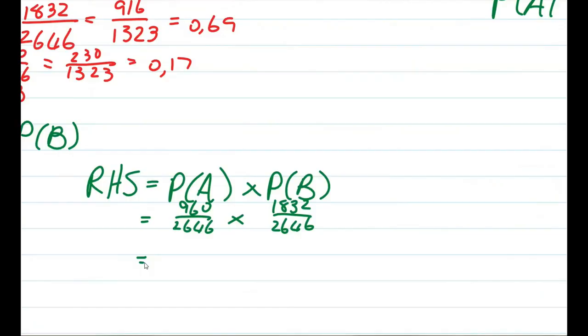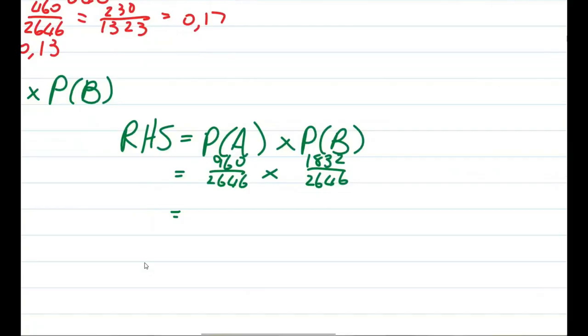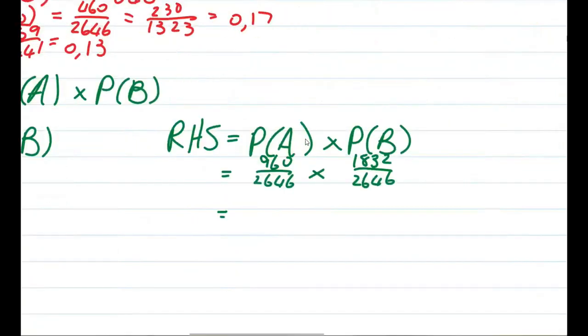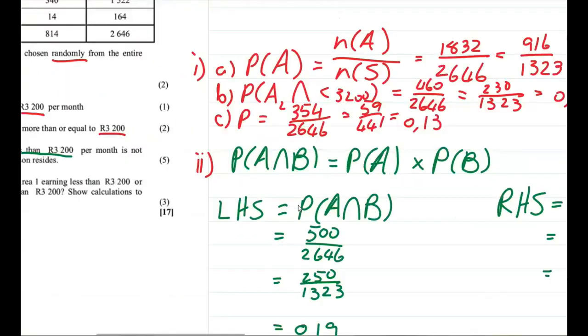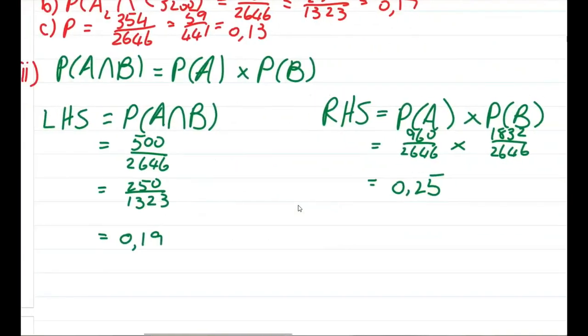I got as a decimal, well, first a fraction. Oh, my calculator takes me straight to the decimal. Yeah, what do you get? 0.25. Now the question is, are these therefore independent of each other? I would say yes.